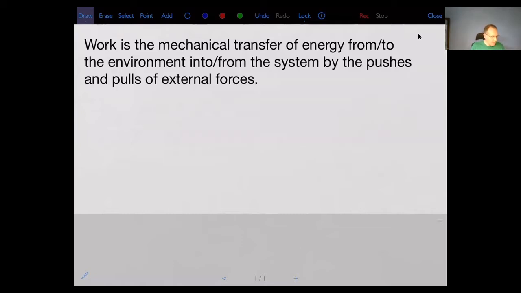And the way that we compute work depends on how many forces we have. So let me start with the work done by a single constant force.